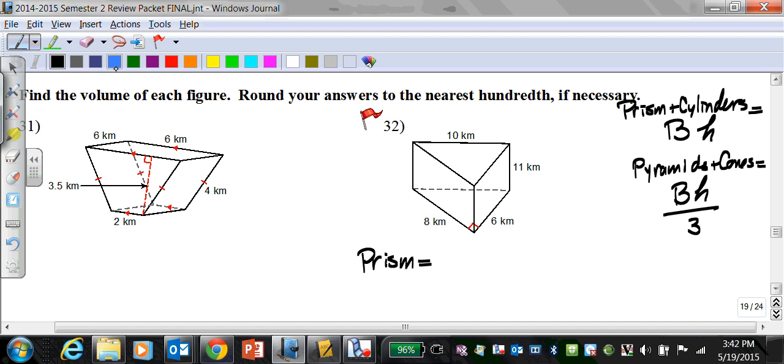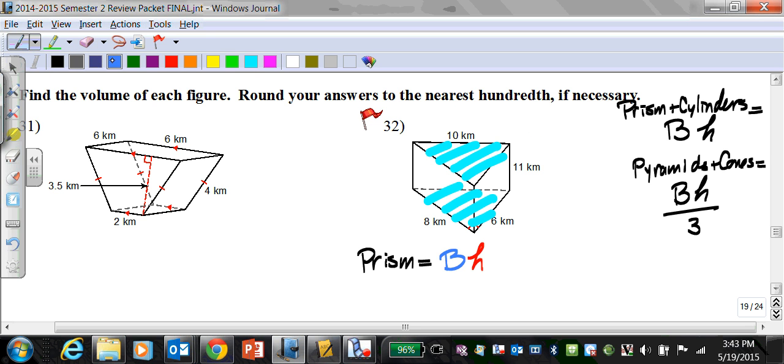So we're going to write out our equation here, which is area of the base times the height. Always shade your bases. So we're going to shade our bases here. Let me recap. In a prism, the bases have CPR.